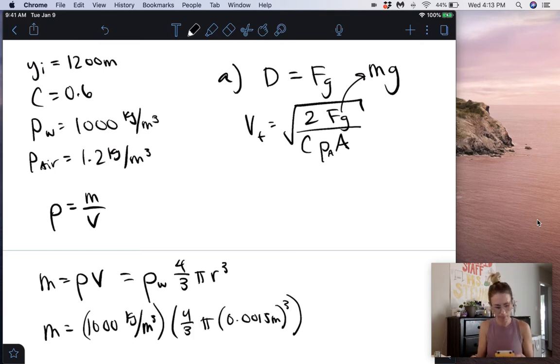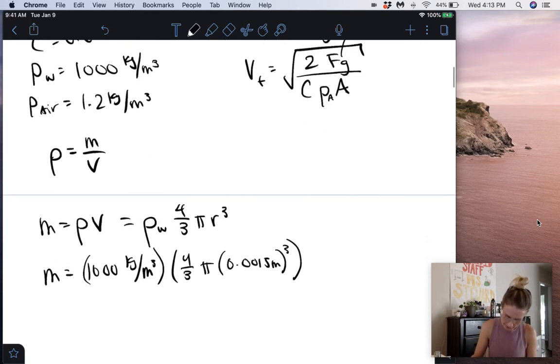All right, so I'm cubing this, that's already in my calculator, times pi times 4 divided by 3, times 1,000, and we get 1.41 times 10 to the negative fifth for our mass.